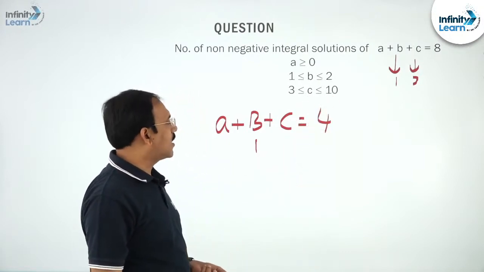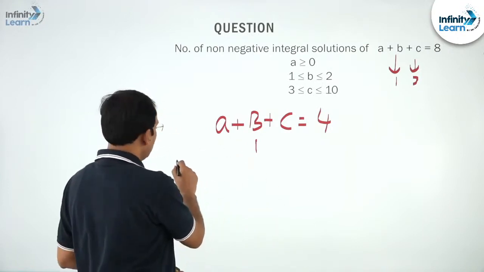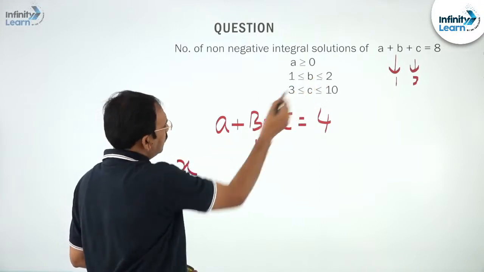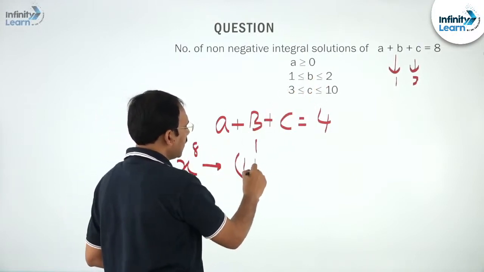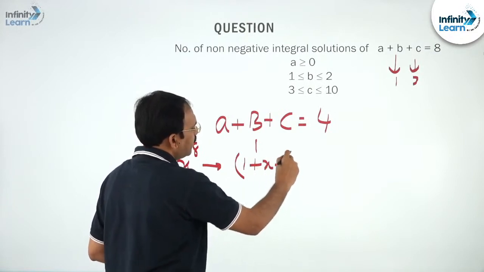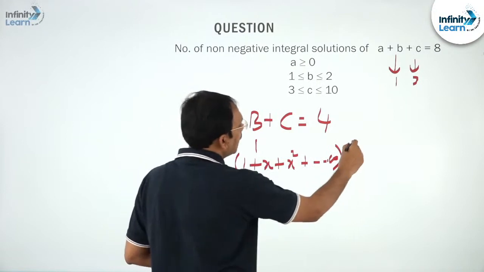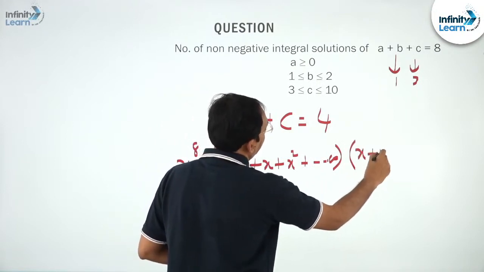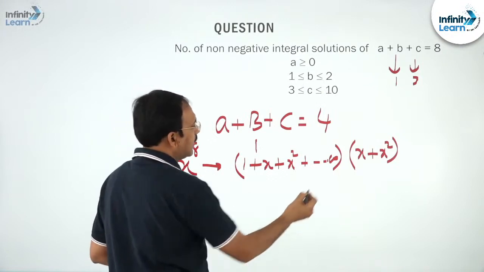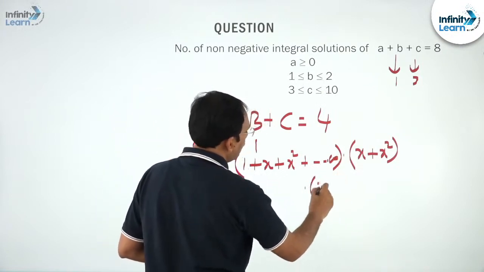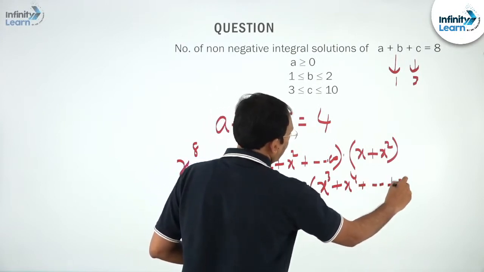When upper limits are there, it is better to take the multinomial one, otherwise you can also take x power 8 coefficient in: a greater than or equal to 0 means 1 plus x square and so on infinite, and b can be x plus x square only, b can be 1 or 2, and c can be x cube plus x power 4 plus and so on up to x power 10.